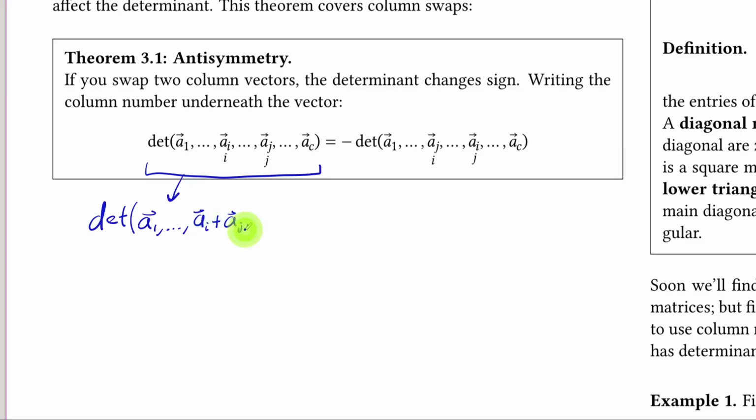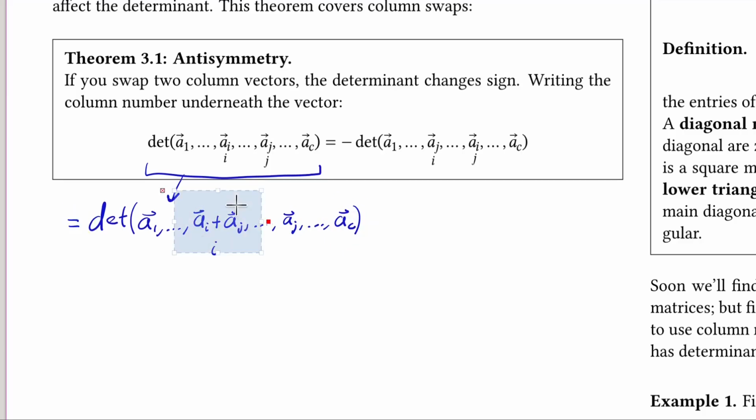And we know that doesn't change the determinant. So this is still in column i. And then now that this A sub j is here, we're going to cancel out the A sub j column from the other one so that it just has an A sub i in that column.